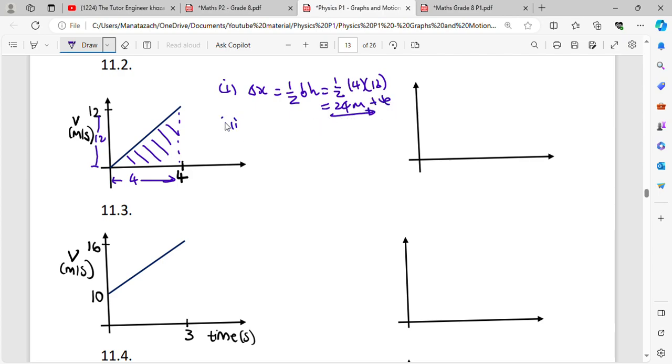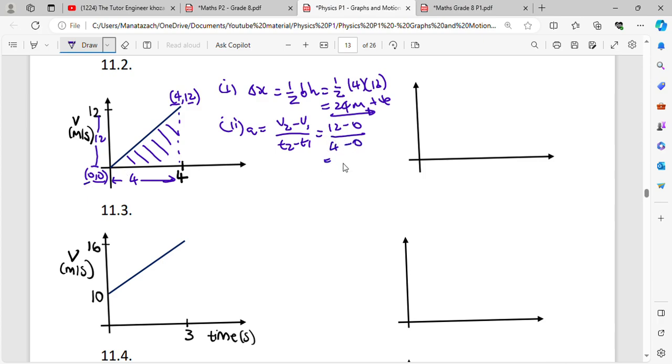And then the second part of the question is acceleration. The coordinate here is 4 and 12. The coordinate of the origin is 0 and 0. So acceleration is v2 minus v1 divided by t2 minus t1, which will be 12 minus 0, then 4 minus 0.